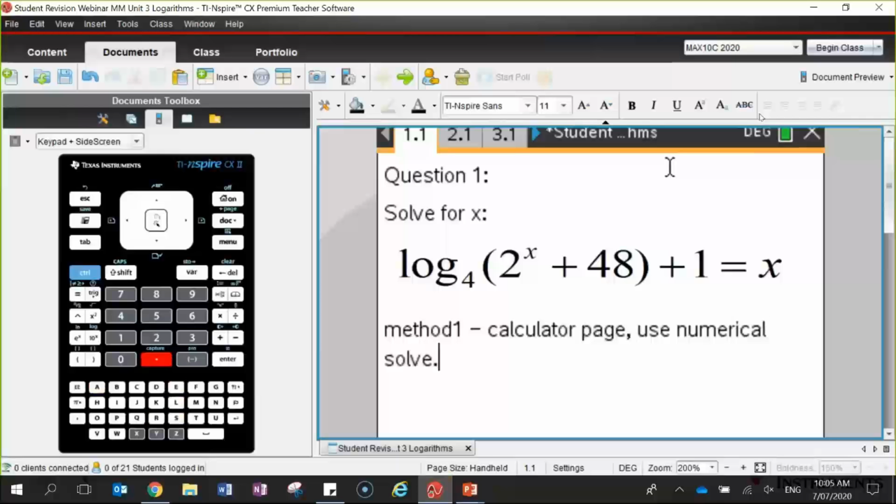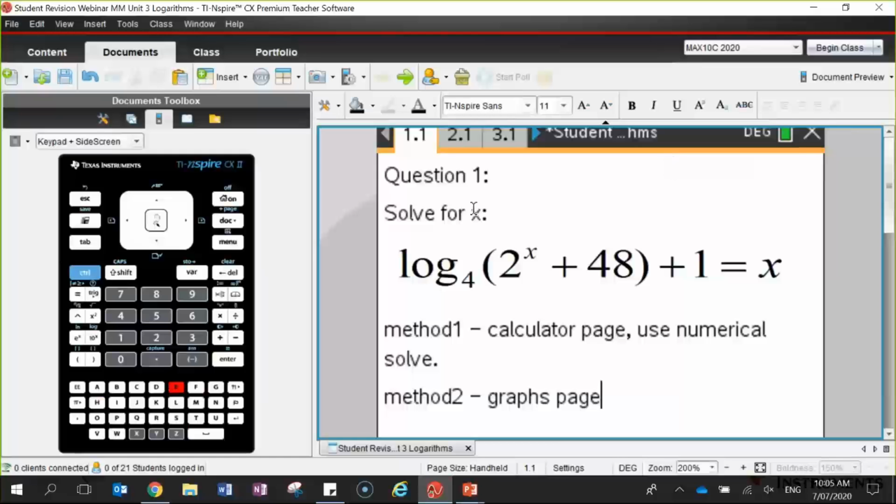Method 2, which you can use either on its own, or as a backup to check your answer, which you should always be doing, and using alternate methods to do that is a great idea, is going to be using a graphs page, graphing the function and finding points of intersection.